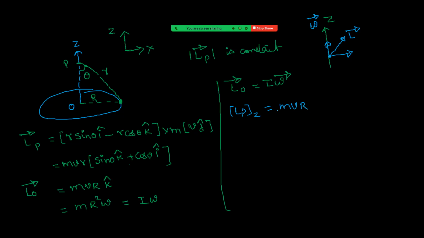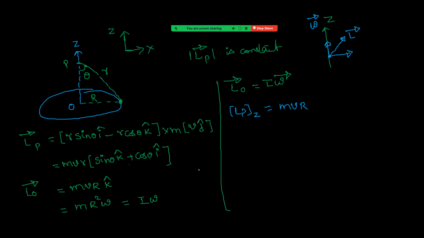Okay, so this value is a constant, but the normal component keeps on changing its direction. Normal component magnitude does not change, but its direction keeps on changing. That means the L bar vector keeps on rotating about the axis of rotation, meaning its modulus value is not changing, but the direction is changing.